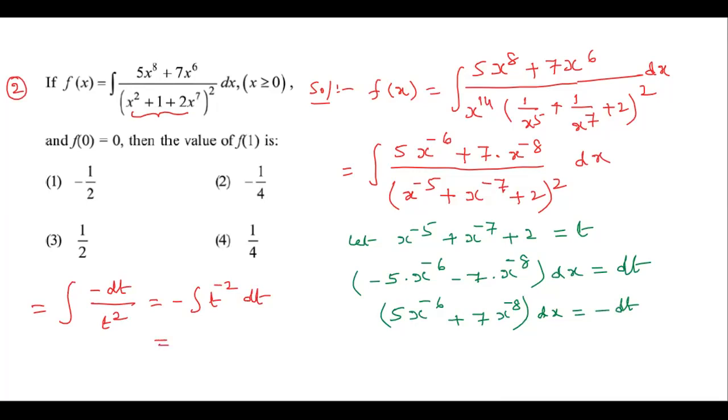That means overall it will become 1 by t plus c. So then what is f of x finally? f of x is equal to 1 by t, and what is t? 1 by (x power minus 5 plus x power minus 7 plus 2) plus c.